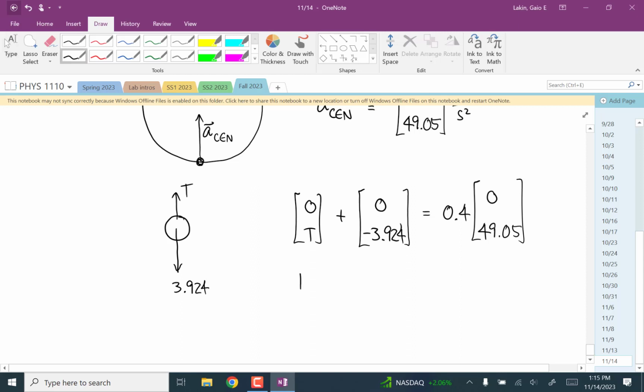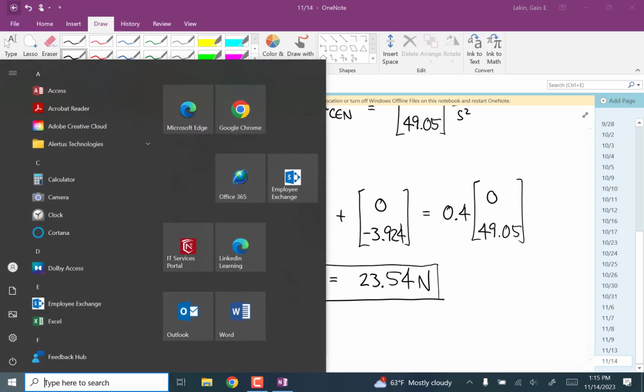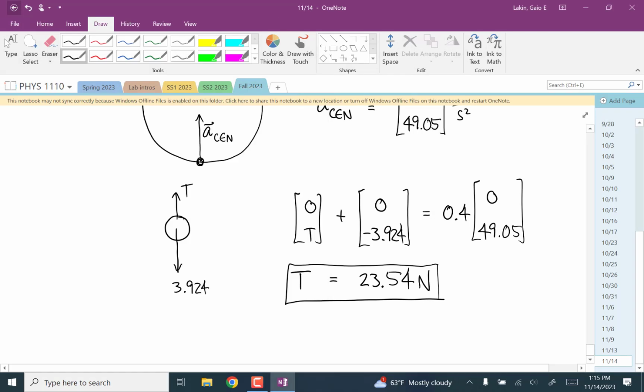And the y equation says T is equal to 3.924 plus 0.4 times 49.05. So T is equal to 23.54 newtons. And so if you have a cable that can't support this much force, it'll break at the bottom of the circle.